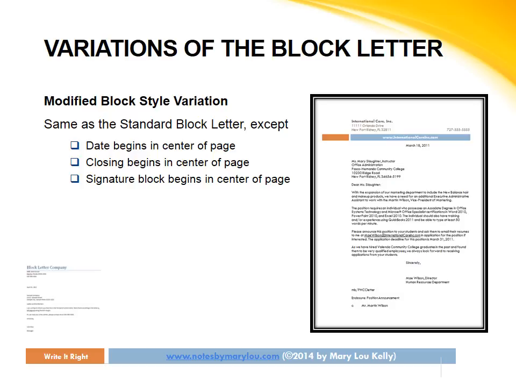And in the variations, you're going to see that everything doesn't always line up at the left-hand margin like it did in the block letter. In what you're viewing here, the modified block style variation, everything said thus far about the block letter style is the same except for the following parts that instead begin at the center of the page: the date, the complimentary close, and the signature line.